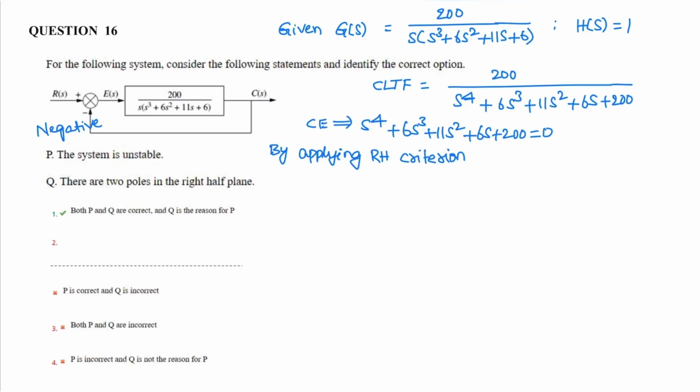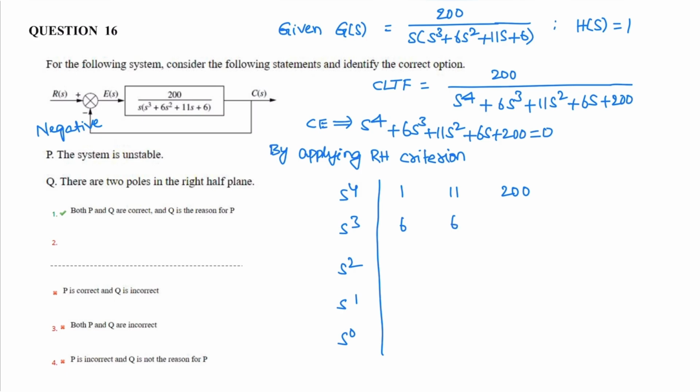From this, make the denominator equal to 0, then apply the Routh-Hurwitz criteria. The rows are s power 4, s cube, s square, s power 1 and s power 0. The values are 1, 11, 200, 6 and 6.